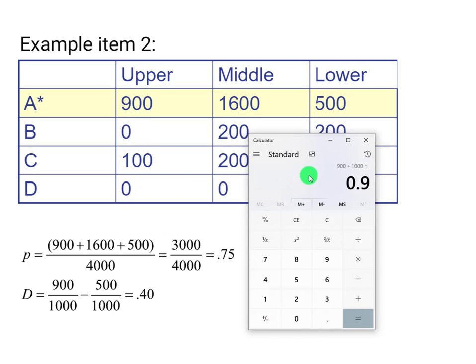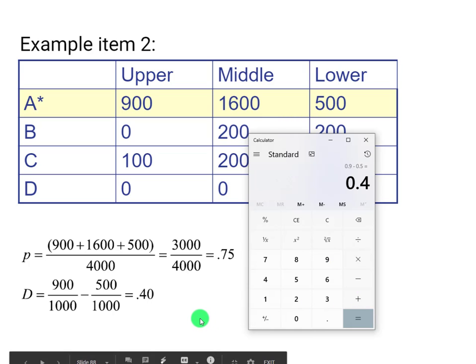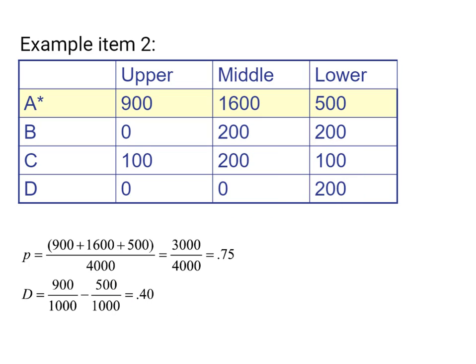So 0.9 minus the 500 divided by 1,000. We know that's going to be 0.5. So we've got 0.9 minus 0.5, and we get a 0.4 discrimination. So again, this is a positive discrimination, which is good. It's pretty discriminating.